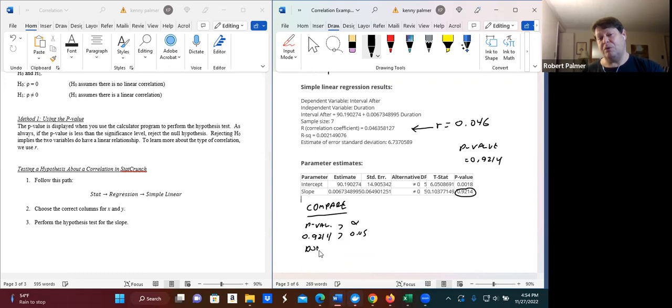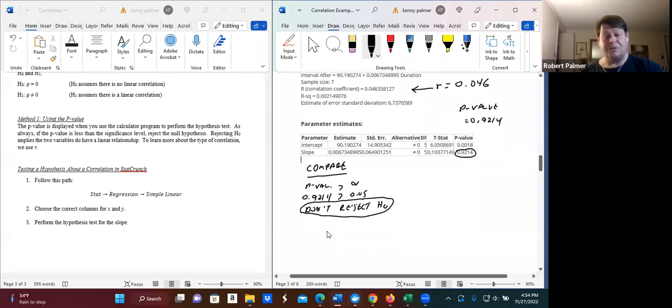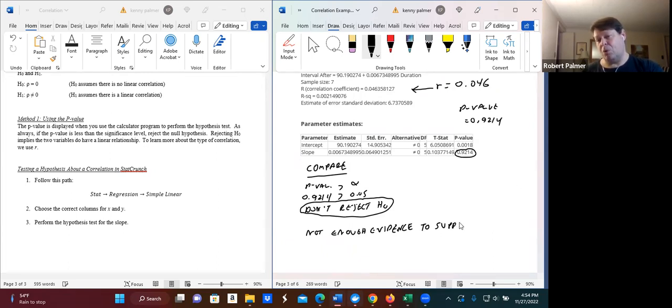In this case, we do not reject H0. And so this means there's not enough evidence to support the claim of a correlation.